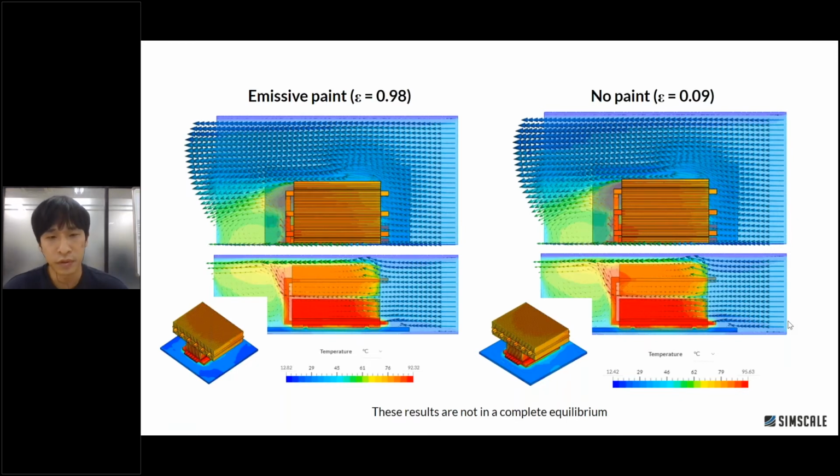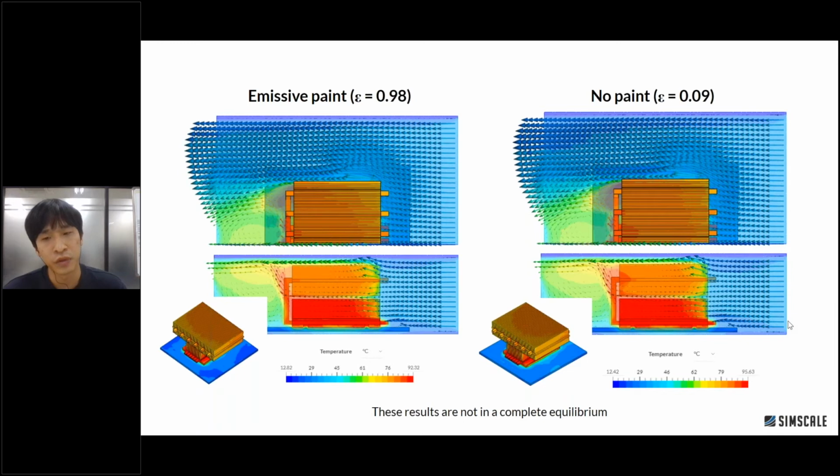So from the simulation, we could first check the effect of the radiation paint in detail. When we look at the temperature in the heatsink region, it seems like the temperature is more evenly distributed.